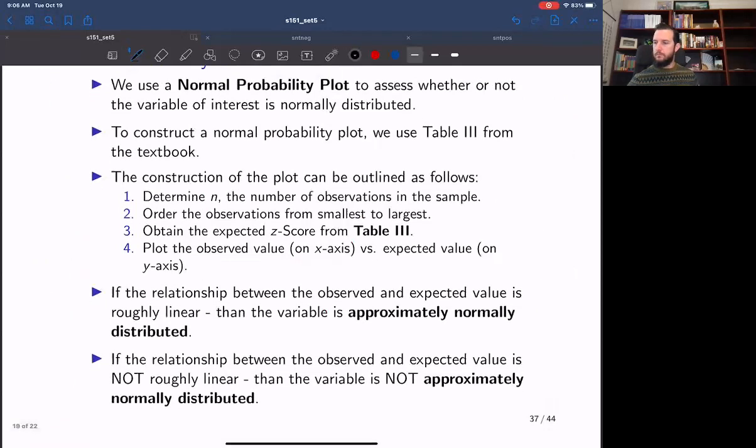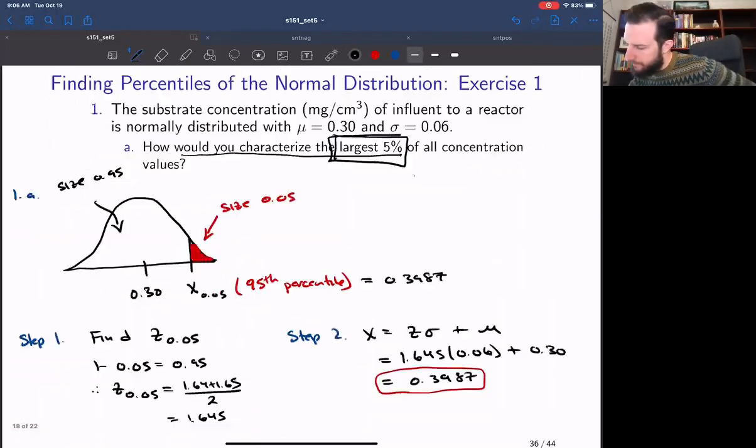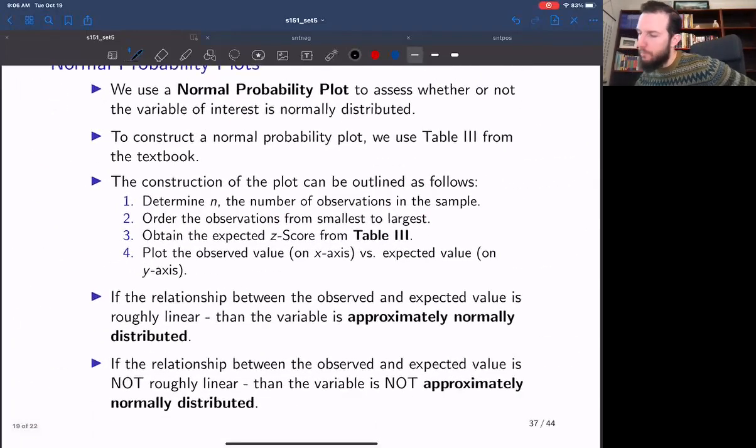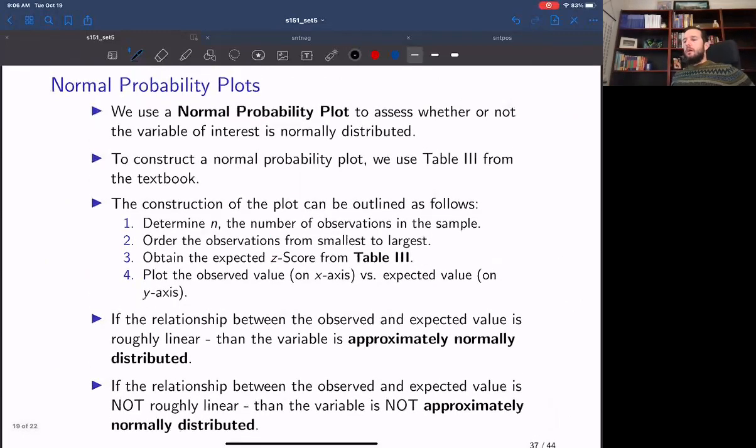Okay, so there's one main topic left in this lecture set, which is on construction of the normal probability plot. So what is a normal probability plot and why do we need them? The idea here is that you might be given a data set and you would like to know if the data is normal. So maybe you don't actually have any information about where the data came from.